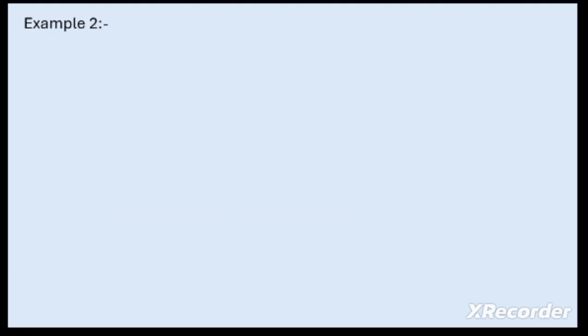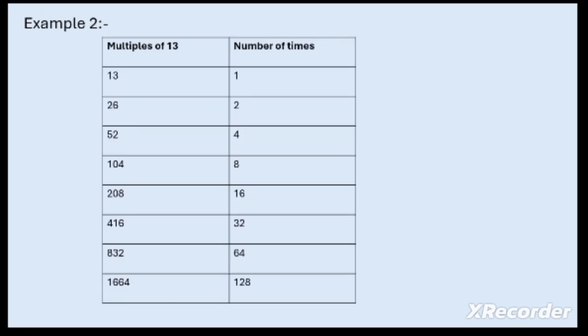Now let's see another example. Example number 2. In example number 2, we have taken the number 13. The first column is of multiples of 13 and the second column is the number of times.